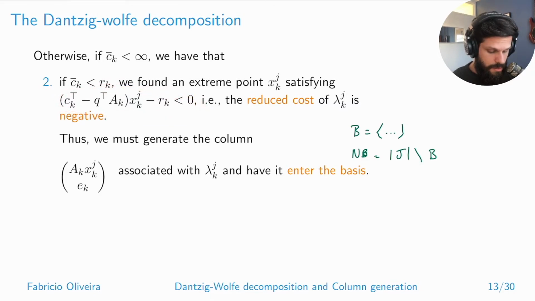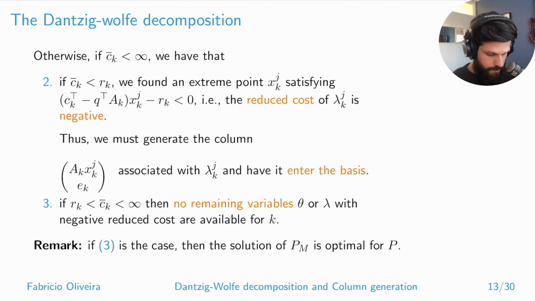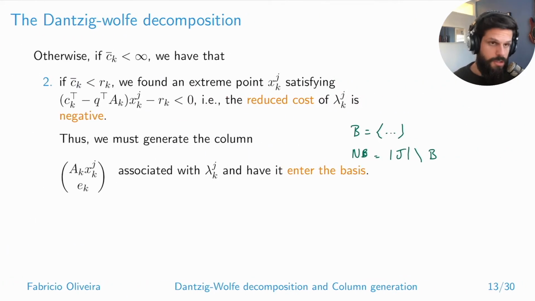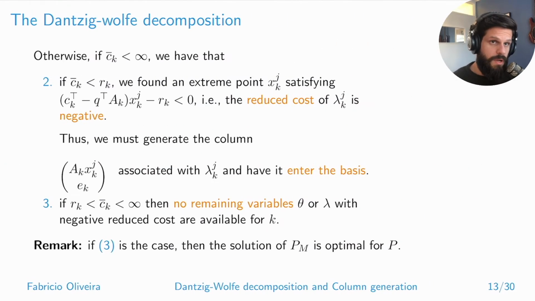Otherwise, if you found a reduced cost that does not satisfy your conditions, in terms of all of them being positive, so when you minimize all the reduced costs and it turns out they are all positive, then it means that you're done, because there is no other variable that you'd be interested in putting in the basis.